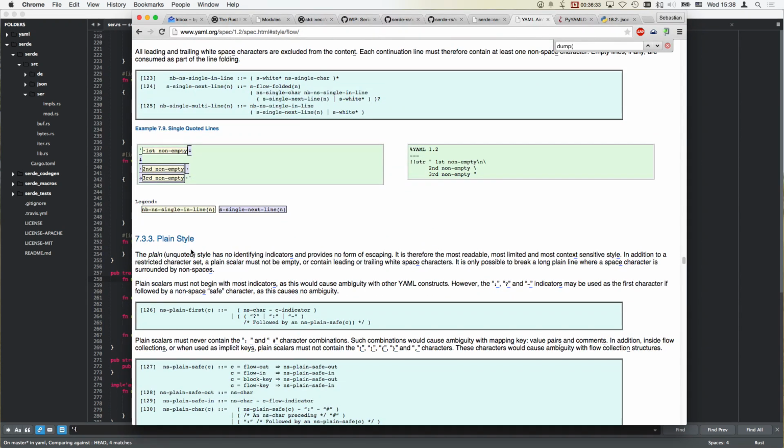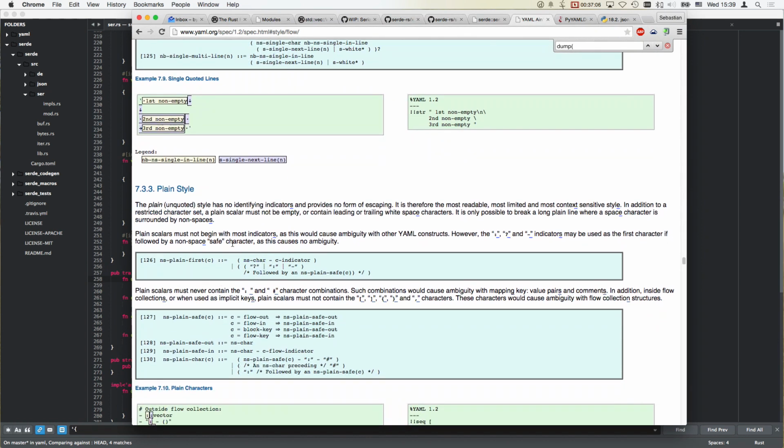Single quoted lines, plain style. Has no identifying indicators and provides no form of escaping. It is therefore the most readable and most limited and most context-sensitive style. In addition to a restricted character set, a plain scalar must not be empty or contain leading or trailing white space characters. It is only possible to break a long line where a space character is surrounded by non-spaces.